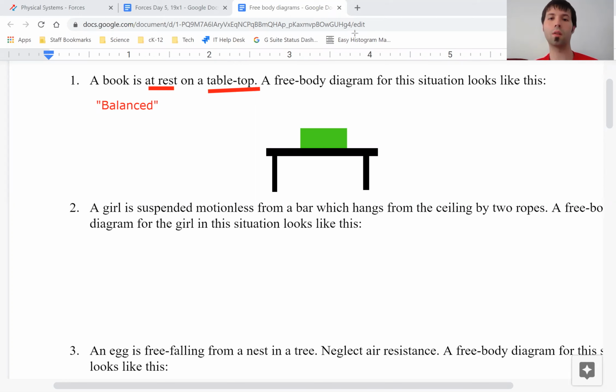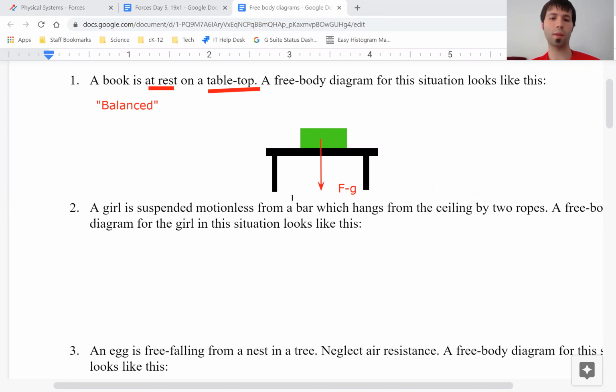That's a big arrow. In every single one of these diagrams, gravity is going to be one of these forces, because I didn't give you an example where the object is floating in space. So Fg for the force of gravity.